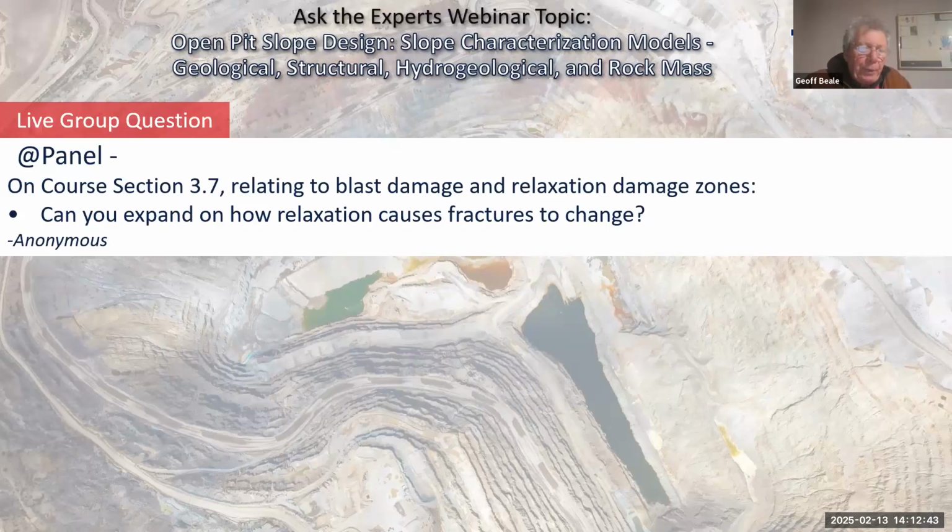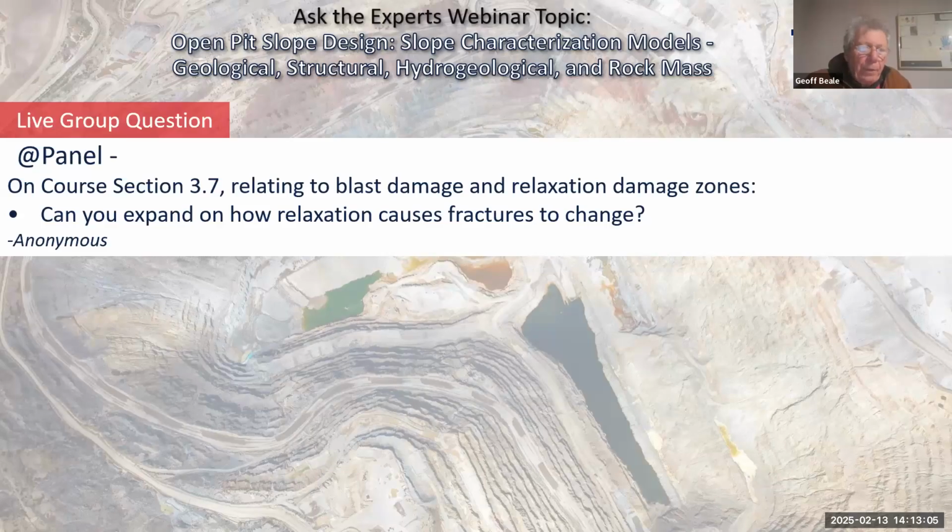And I think what tends to happen is you depend on the rock quality. If you have a ductile rock, then you can get a zone behind the pit face which is more permeable and which may drain more easily.